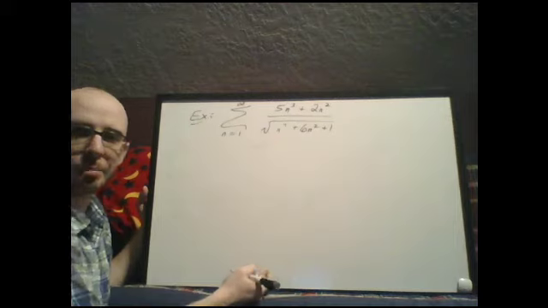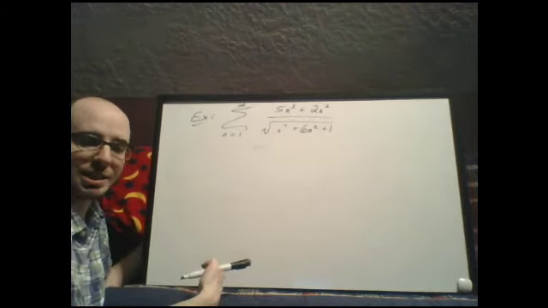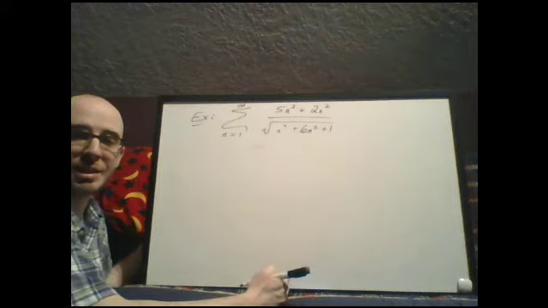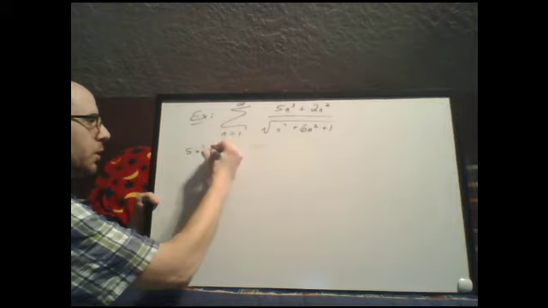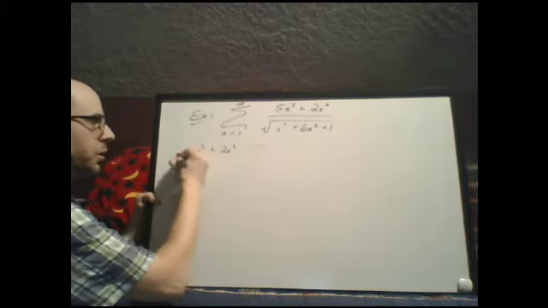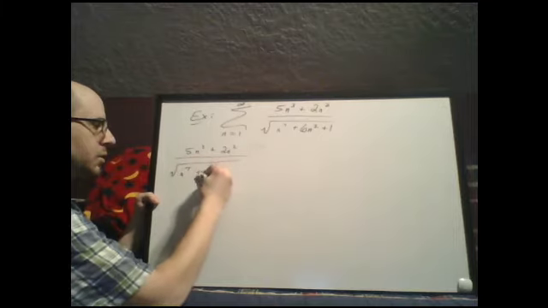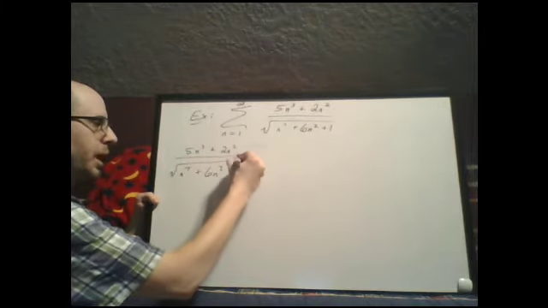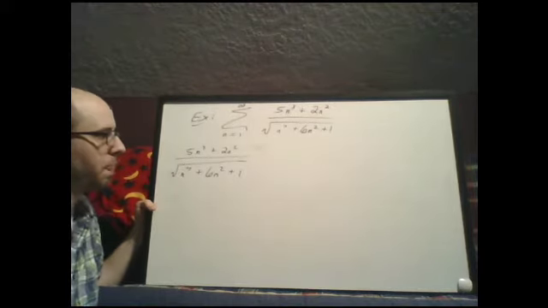This is a very complicated expression. Let's try to figure out what is a simpler sequence that it's similar to. Just like I said before, the rule of thumb is to look at this fraction and pick out the most powerful part of the top and the bottom.